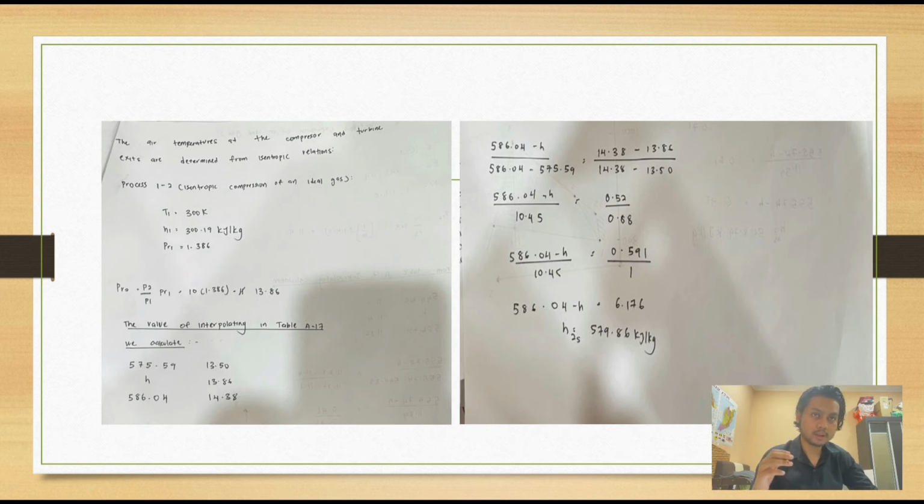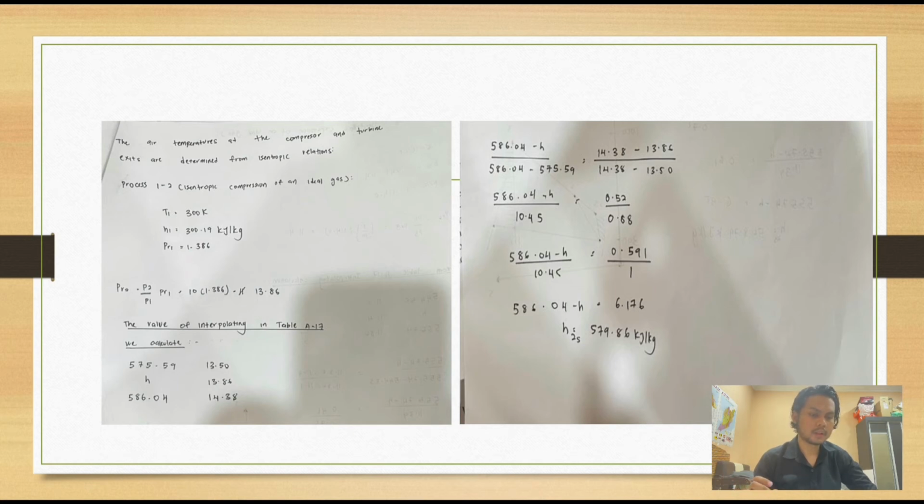From the information that I collected, I can easily use the Brayton cycle formula to get PR2. The formula is P2 over P1 times PR1. We can easily calculate 10 times 1.386, and we get 13.86.